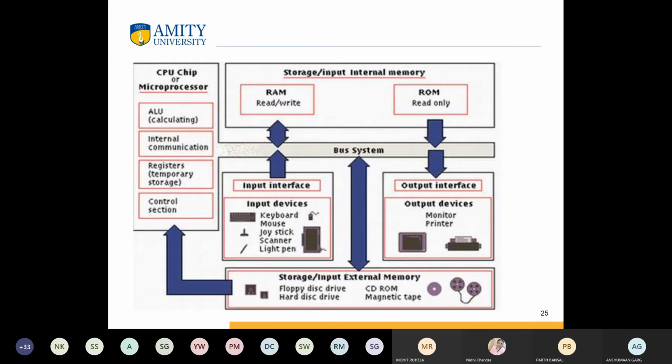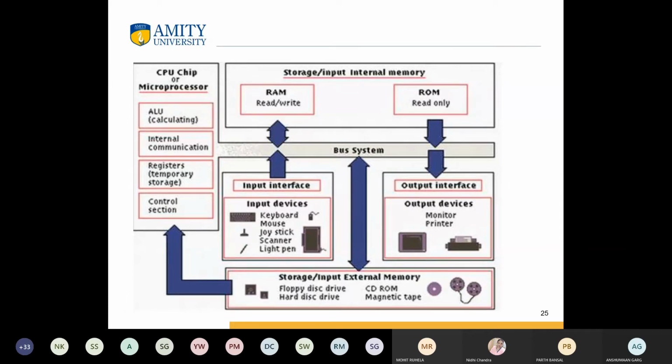And in your input, there is a huge variety of input devices that can be connected with your system. Similarly, your output devices. In memory, for internal, you have random access memory, and we have seen what exactly is the role of read-only memory and what is the role of random access memory.